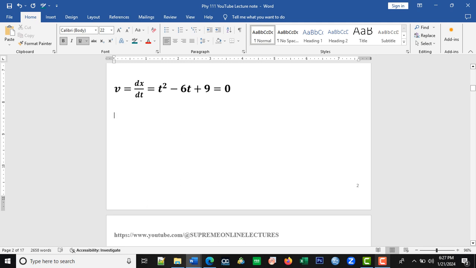Okay, so if you simplify that, then we will have t minus 3, t minus 3, the same thing, equals to 0.